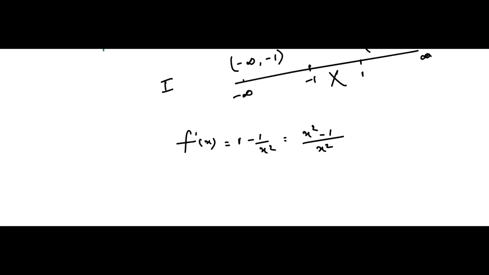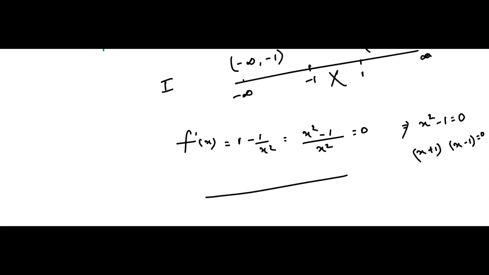So the critical point, if we try finding from here, f dash x is equal to 0. The denominator we can shift to the other side, it will get multiplied with 0. We'll have x squared minus 1 equals 0. Right, Fatima? Yes, ma'am. We can write it as x plus 1 into x minus 1 equals 0. So from here we get the critical points as minus 1 and plus 1, right?